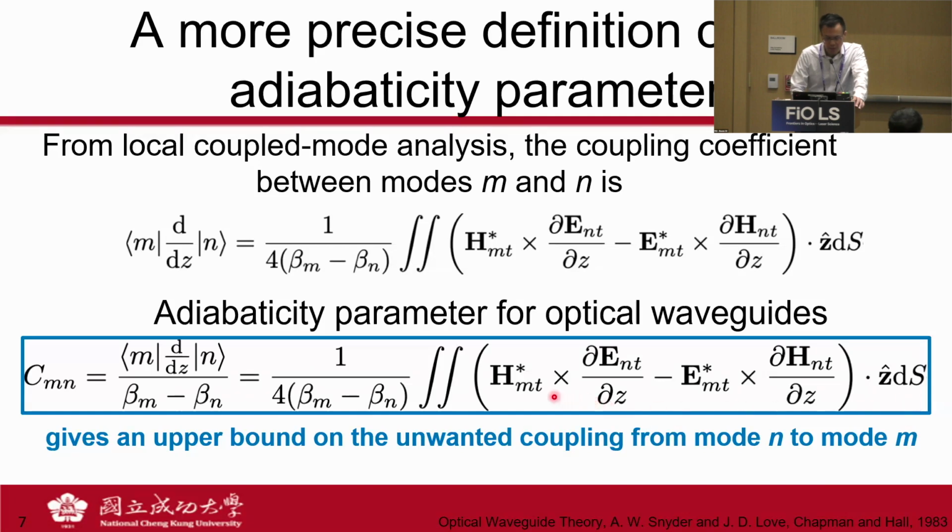So basically, if we know the electric and magnetic fields for the guided supermodes, and we know their variation along the propagation direction, then we can calculate the adiabaticity parameter along the evolution path. And this term gives an upper bound on the unwanted coupling from mode N to M.